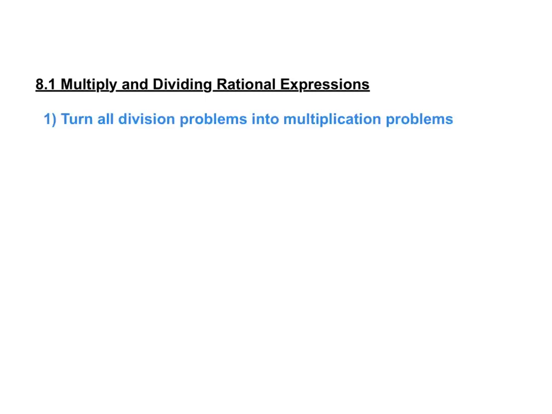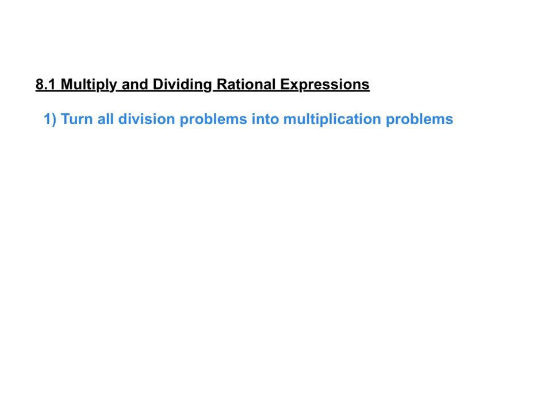So basically what we're going to do is turn all division problems into multiplication problems. Because once it's multiplication, then we've got all these numerators on top and all these denominators on bottom that we could actually combine into one giant fraction.